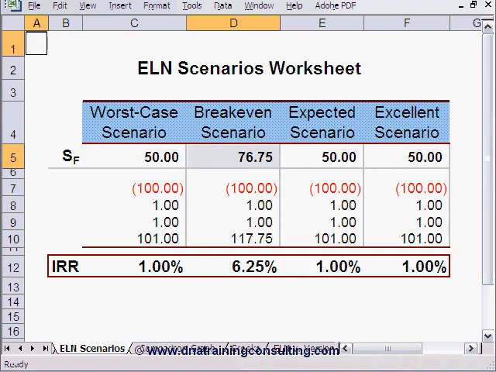Note that the break-even occurs when Microsoft shares rise by an aggregate of almost $27 over the 3-year tenor, given the starting price of $50, or approximately 54% cumulatively from the initial $50.